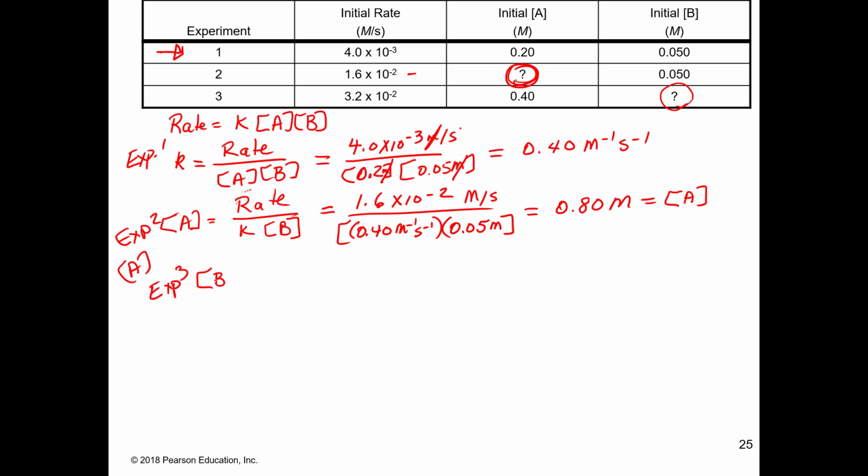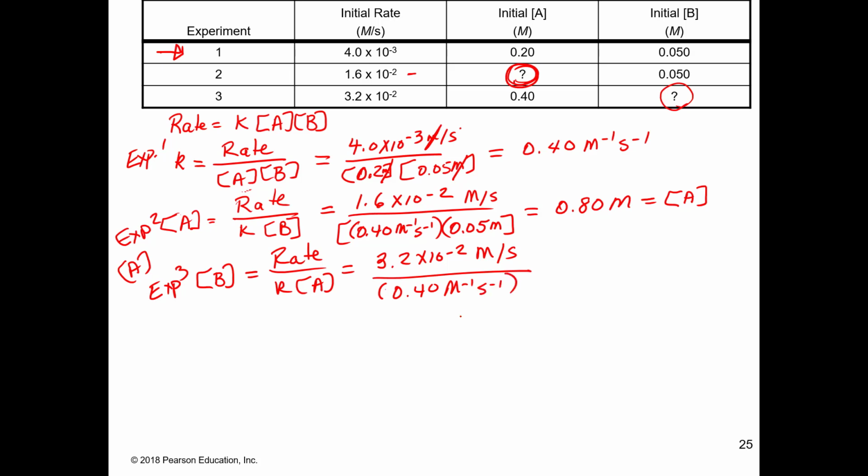All right, so in experiment 3, it wants me to know what the concentration of B is. And so it's the same exact equation, except I just put A in there, okay? So once I found K, this is pretty simple. You just plug and play, right? So your rate is equal to K times the concentration, or rate divided by the concentration of A times K will give us the concentration of B. So 3.2 times 10 to the minus 2 molar per second divided by our old buddy K, which is 0.40, because remember, as long as I don't change the temperature, that's going to stay the same.